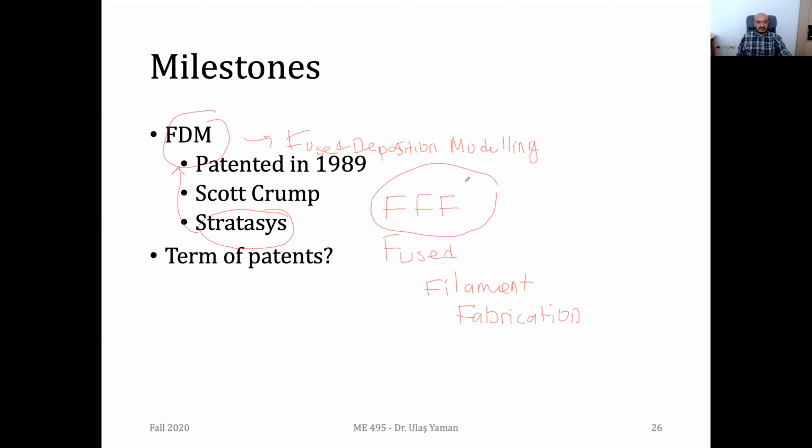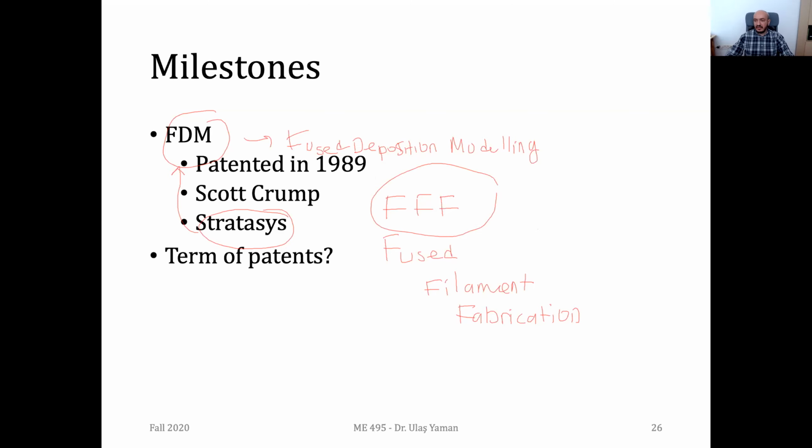And it was patented in 1989 by Scott Crump, and he established, again similar to the previous guy, his company called Stratasys, and now we can have these fused filament fabrication systems everywhere.